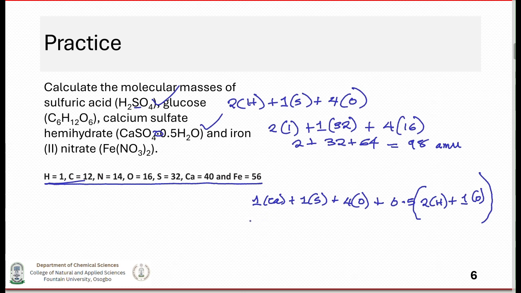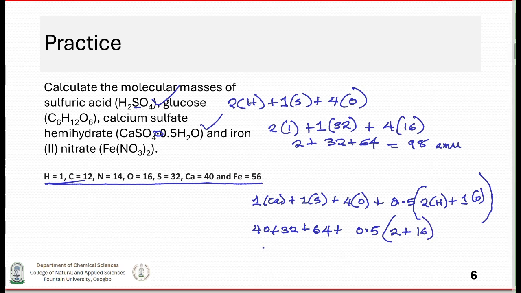For calcium, calcium is 40, so 1 times 40 is 40. Sulfur is 32, 1 times 32 is 32. Oxygen is 16, 16 times 4 is 64. And then plus 0.5, so I will still put 0.5 here. Then we do hydrogen: 2 times 1 is 2. And then oxygen is 16, 1 times 16 is 16.